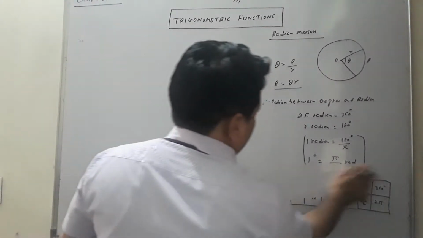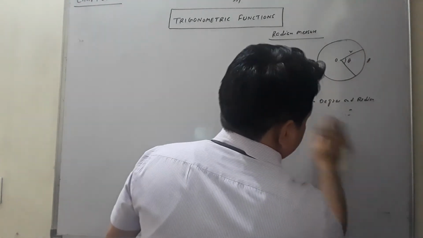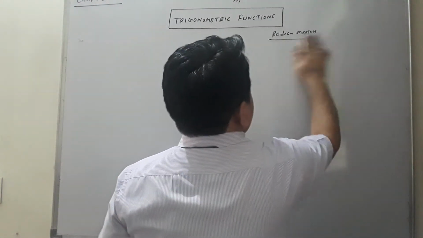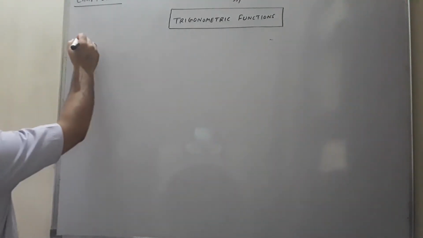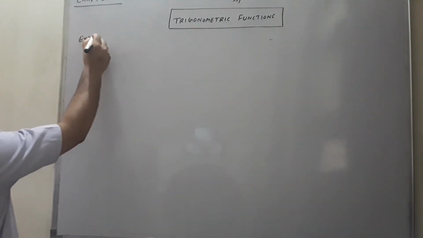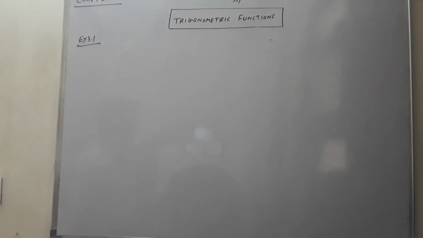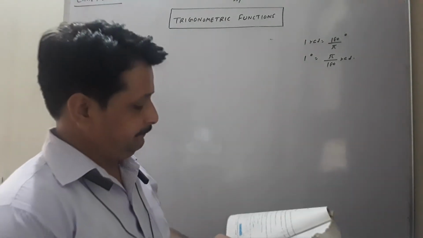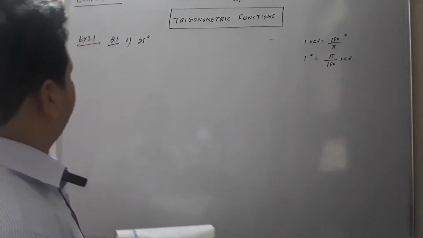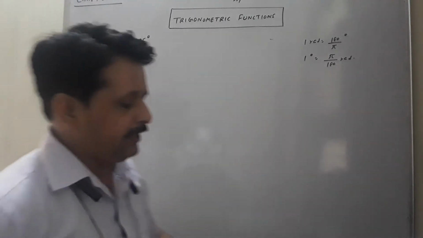Here I am going to tell you how we will discuss some exercise questions, that is your exercise 3.1. Let us see question number 1. That is 25 degrees, which we have to change into radian.